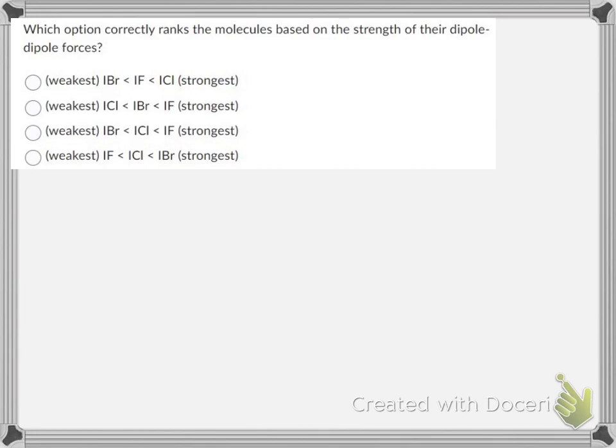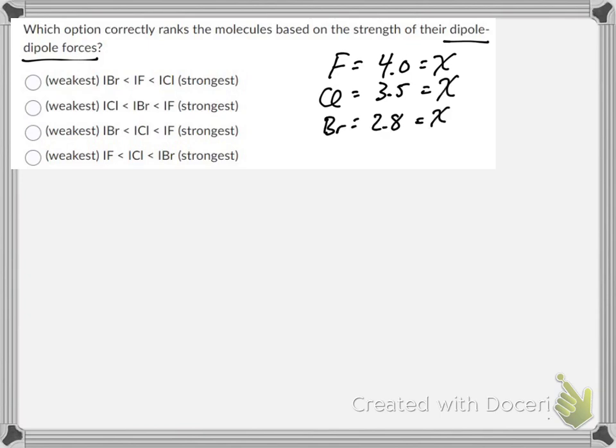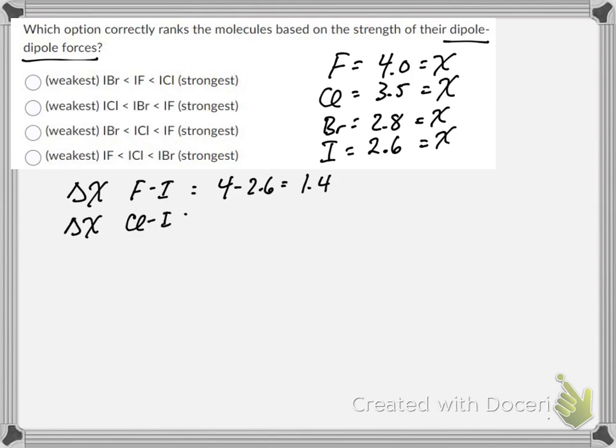So in this case, we're trying to rank the dipole-dipole attractive forces, which is going to be proportional to the dipole. The first thing we're going to do is find out what the dipole moments are. How polar are these bonds for the molecules shown? To do that, we want to calculate delta chi for each molecule. The fluorine-iodine bond delta chi is 1.4, chlorine-iodine 0.9, bromine-iodine 0.2.